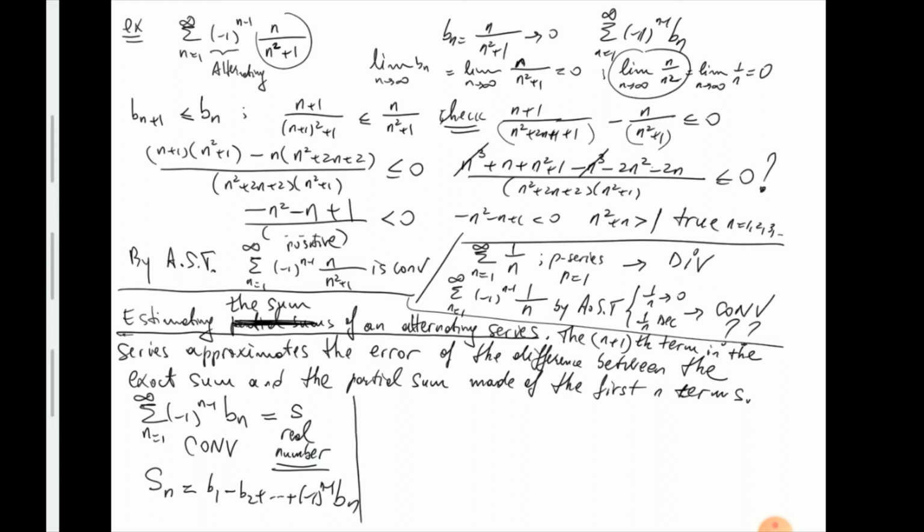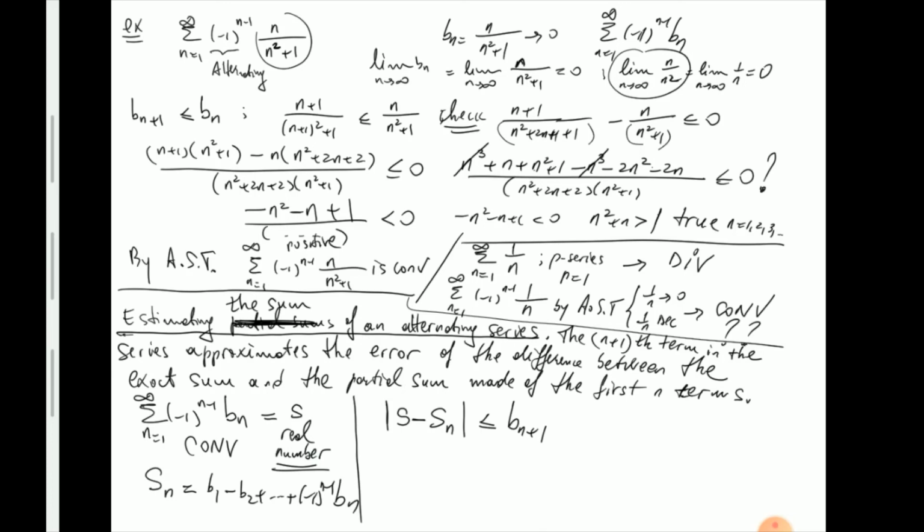So it turns out that if you look at the difference between the exact sum and the partial sum, this difference is going to be actually less than or equal to b(n plus 1). So the next term, disregarding the minus or plus in the series, can be used to estimate the difference between the exact value and the value obtained by adding the first n terms.